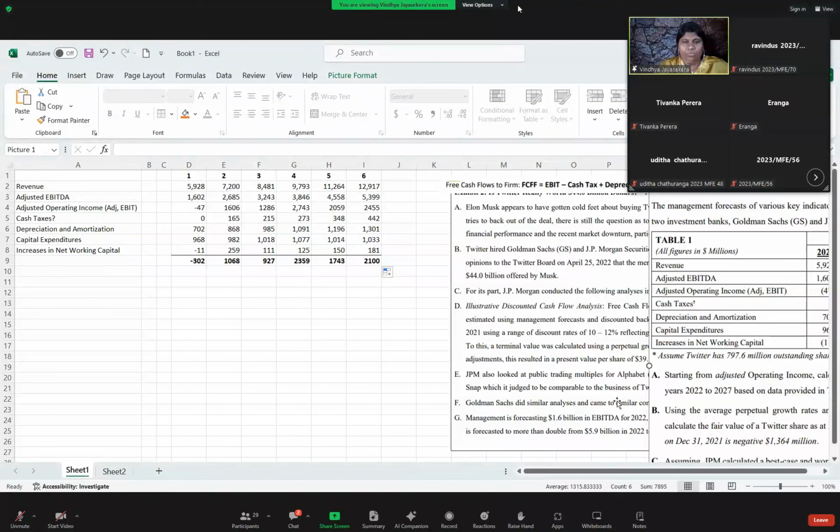Can you tell me what's the per share value? I remember the per share value.